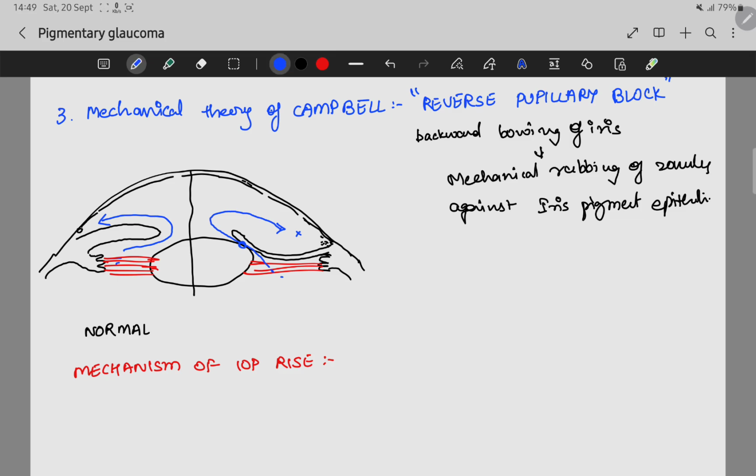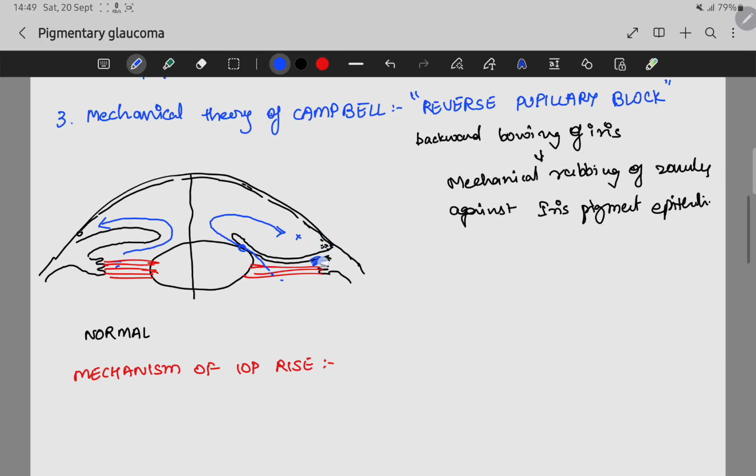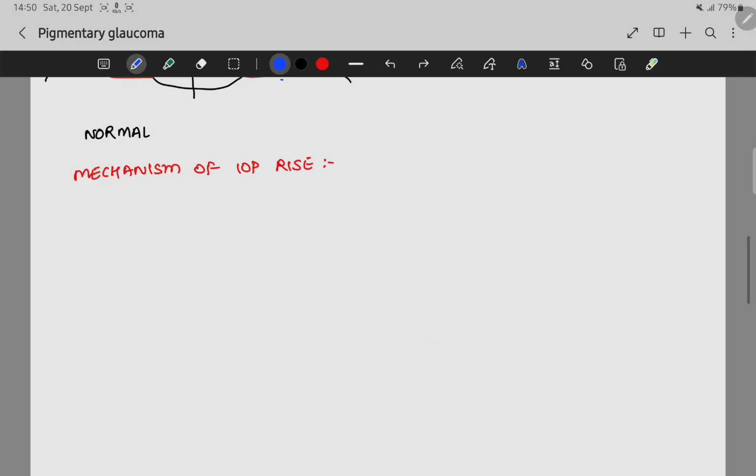Understood, right? So here they are getting rubbed. So here is the mechanism of IOP rise. So what is happening now? So pigment is released.